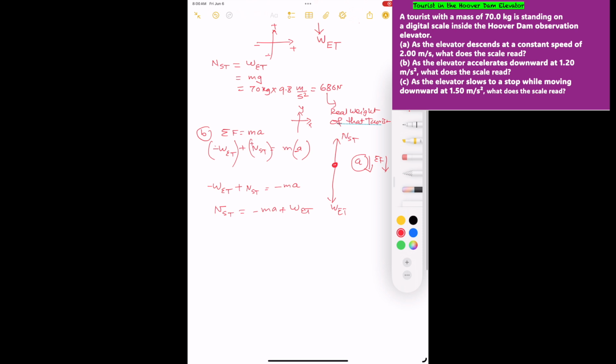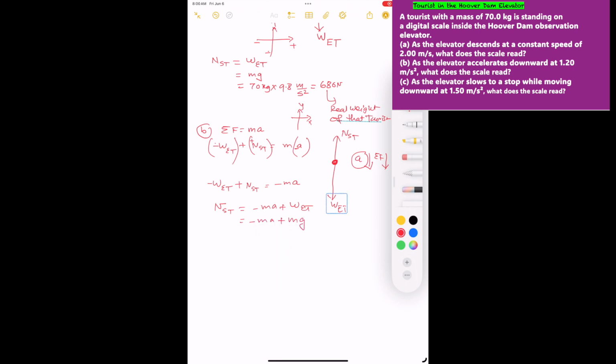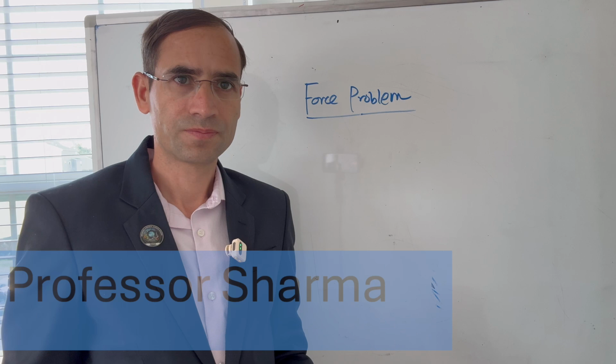Now you can see here, which is equal to mass times acceleration plus mass times acceleration due to gravity. Weight is mass times g, so plug everything in. What you will get is, we can take the mass common, that is m times (g minus a), right?